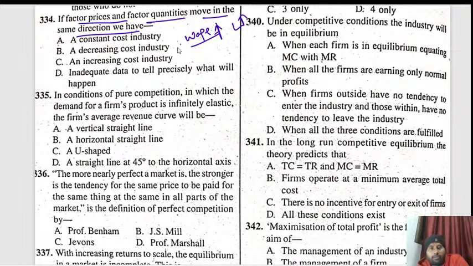We have constant cost industry, decreasing cost industry, increasing cost industry. So labor is increasing, wage is increasing. So I think it will be constant cost industry. 334 it is A. It is C.